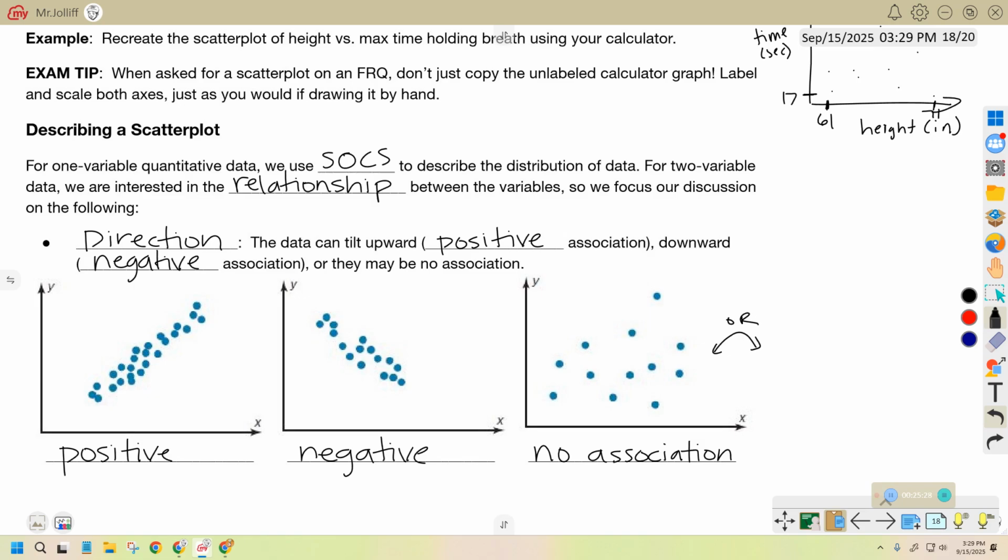There is another shape that indicates there is no relation, and that is when the graph is horizontal. A horizontal graph tells me that as I increase my x, my y does not change at all. There is no connection between x and y because I'm messing with x and I'm not seeing any fluctuation in y.